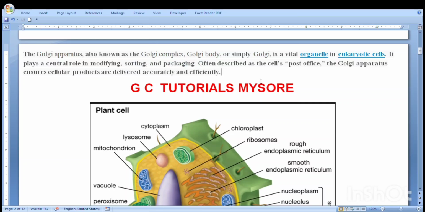It is often described as the cell's post office, because the Golgi apparatus ensures cellular products are delivered accurately and efficiently. That is why it is considered the cell's post office.